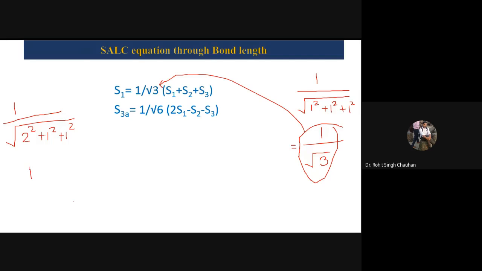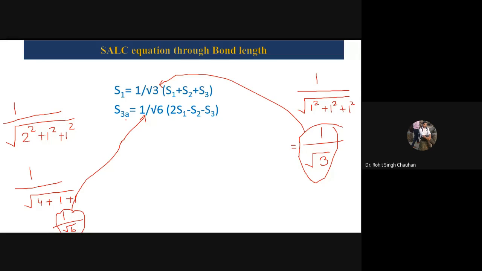So it would be 1 upon root of 4 plus 1 plus 1. So overall it will be 1 upon root 6. And this thing I'm going to use over here. Is that clear? Now, always remember here I have written S3A.